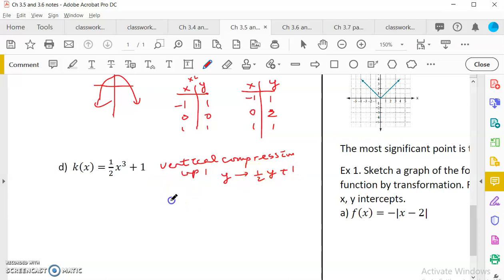So your original x, y, this is x cubed: negative 1, negative 1, 0, 0, 1, 1. Your x doesn't change because this only affects the vertical. So you say negative 1, 0, 1. Y would be what? Half of it and then add 1. Half of negative 1 is negative one half, add 1 is one half. Half of 0 is 0, add 1 is 1.